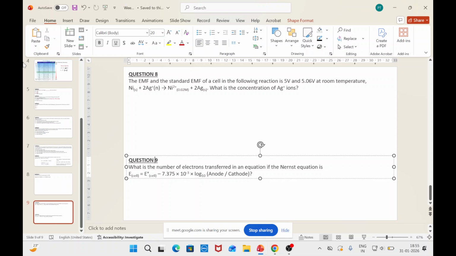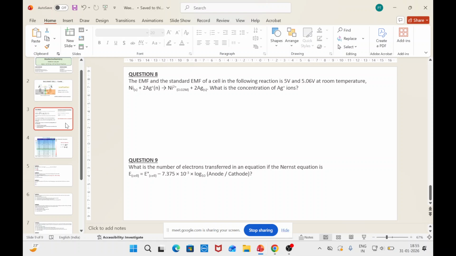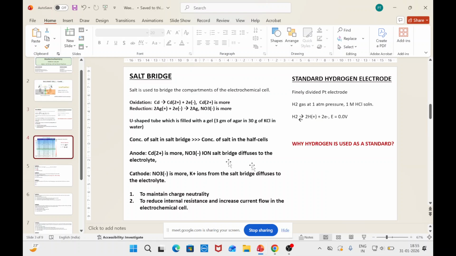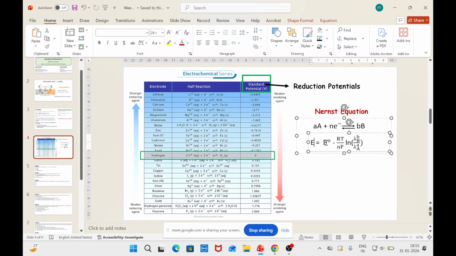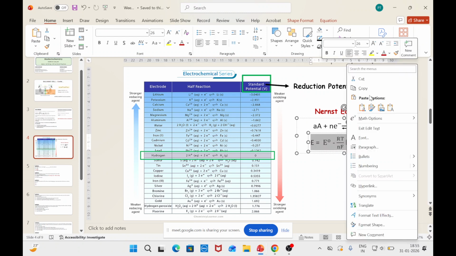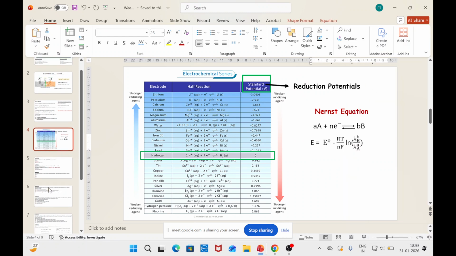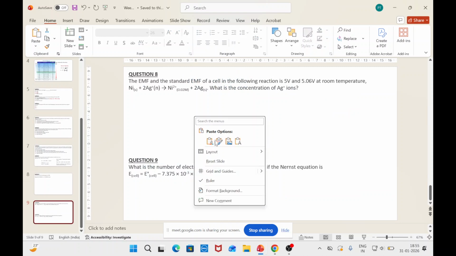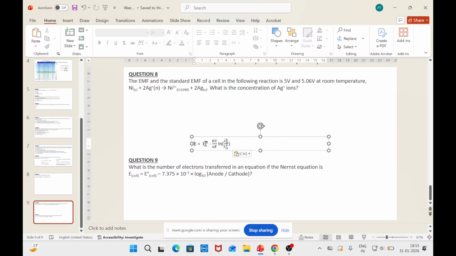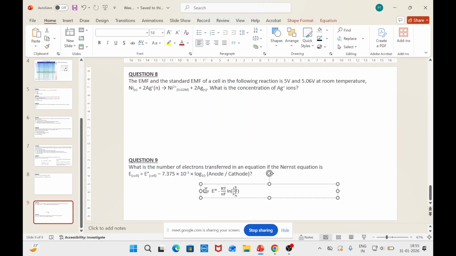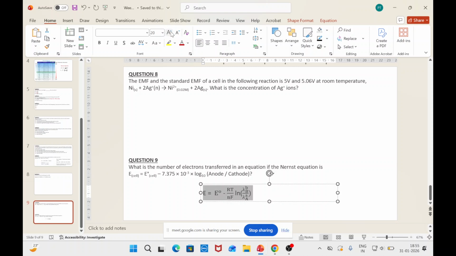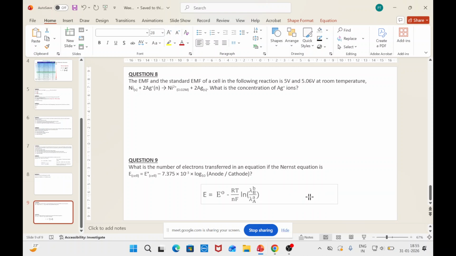Let me give you the expression here. Just compare the equation in the question with the equation that I have given and then calculate the value of n.